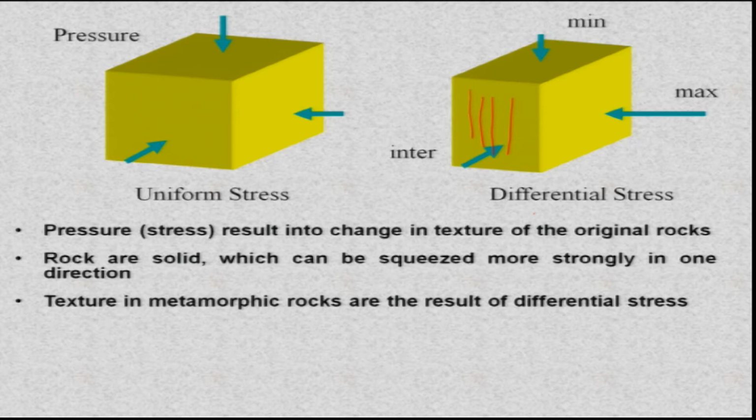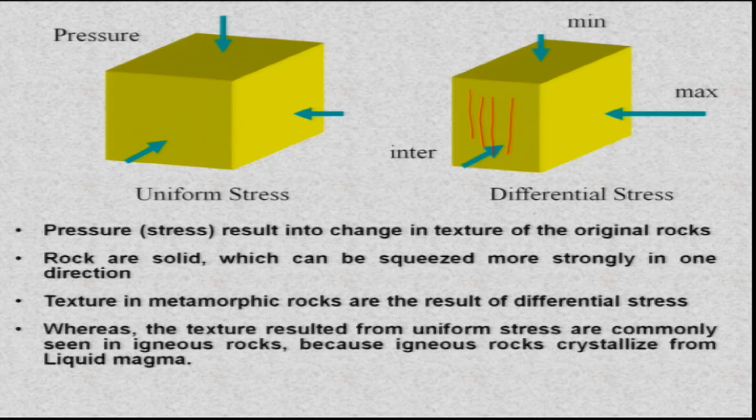So textures in metamorphic rocks are the result of differential stress, whereas textures resulting from uniform stress are commonly seen in igneous rocks, because igneous rocks are crystalline and crystallize at greater depth, as we see in intrusive rocks.